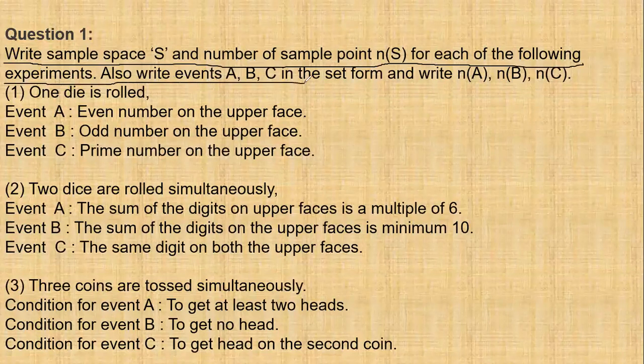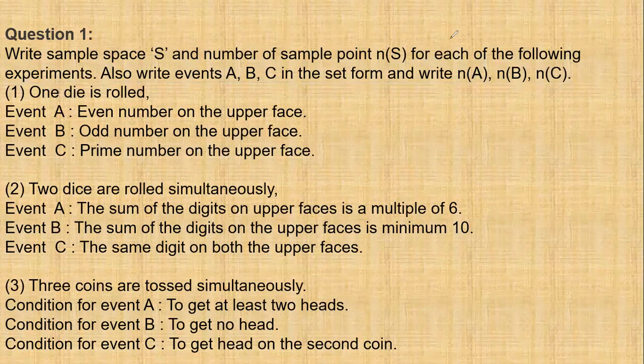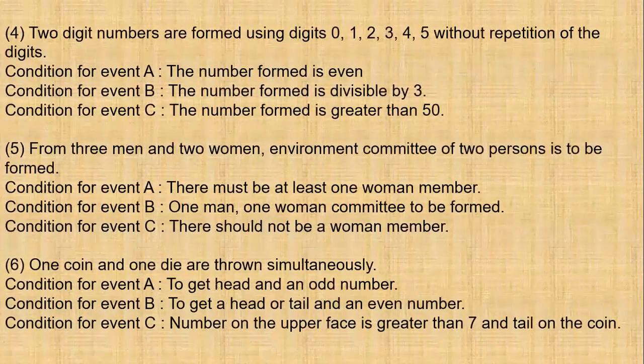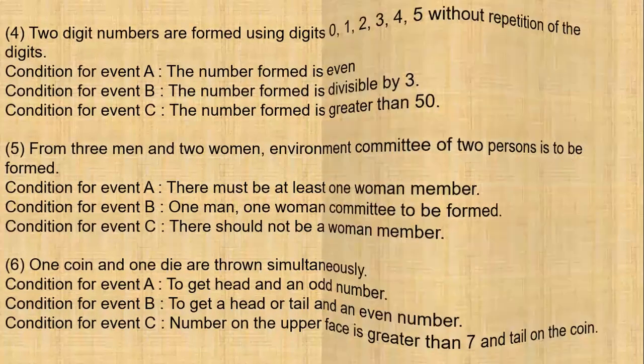Also write events A, B, C in set form and write number of A, number of B and number of C. That you have to write down. Here these are all the questions. Total 6 questions are there in 5.3.